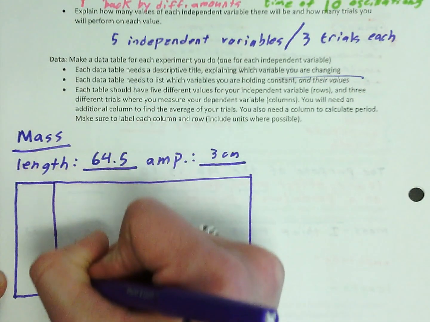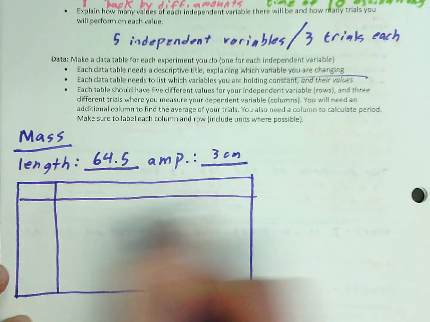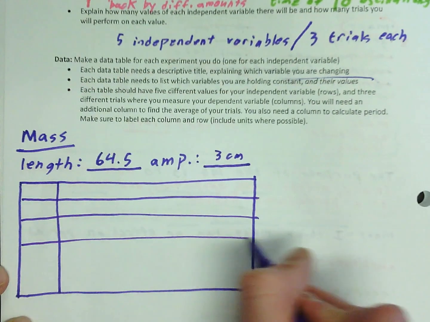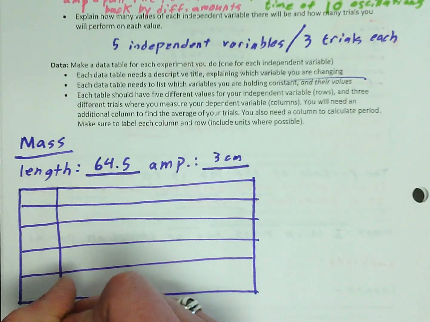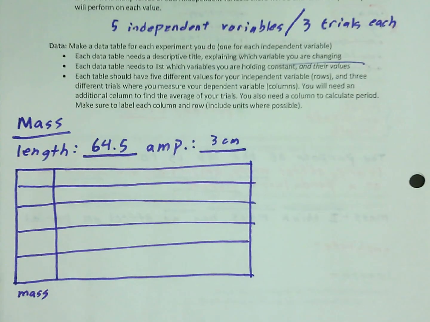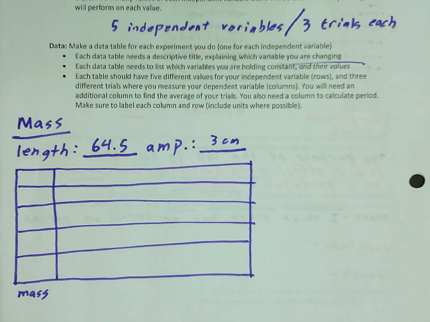So here's my first column, and it's going to have 5 rows, 1 for each of my changes in mass. And underneath that column, I'm going to write mass because that's what I'm doing in that column. I'm changing the mass.